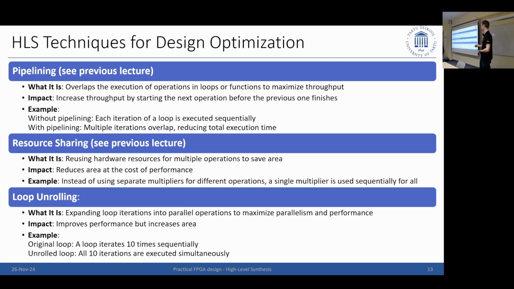But many people still write algorithms in VHDL, because if they know the algorithm will be used for a long time, then the design effort is still worth it. So basically, the original loop iterates 10 times sequentially. If I do loop unrolling, I can do 10 loops in parallel, and I'm done.